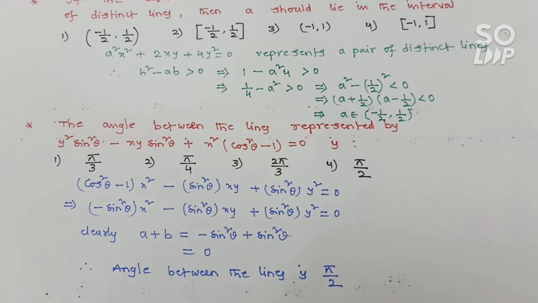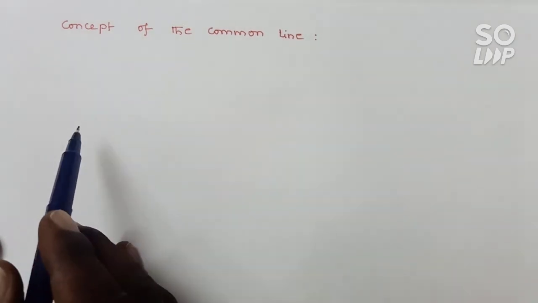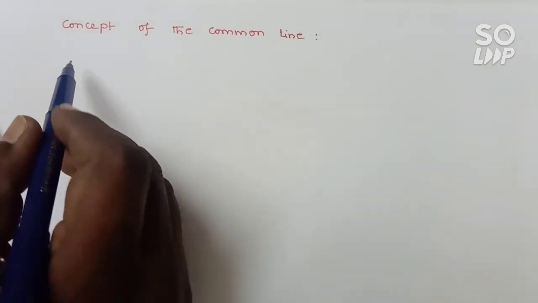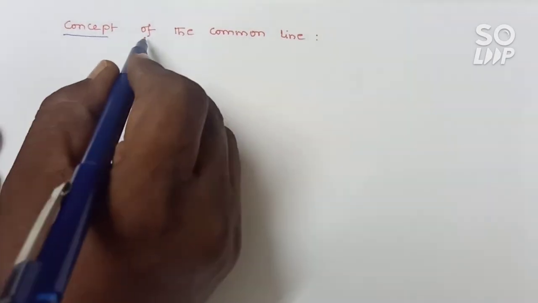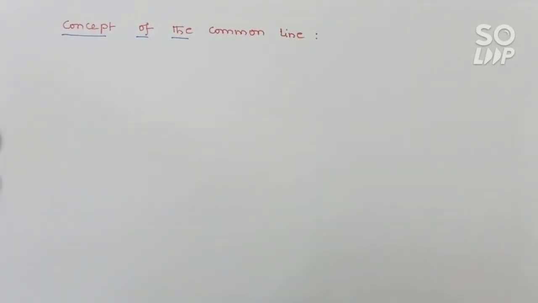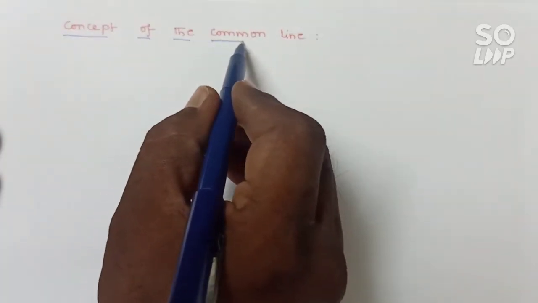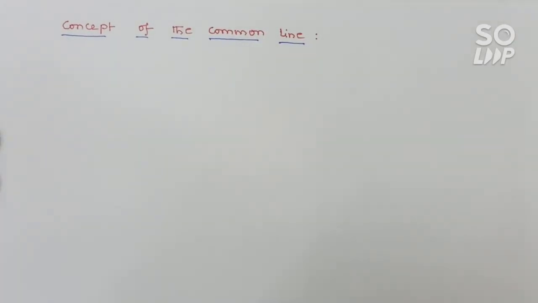See, look at that. What is the concept? The next concept is the concept of the common line. You see this one, concept of the common line. What is meant by common line?